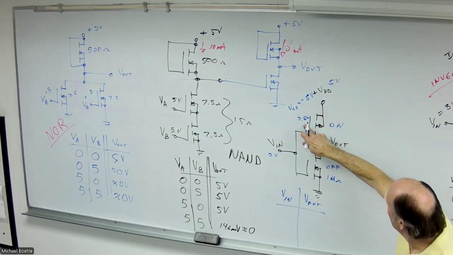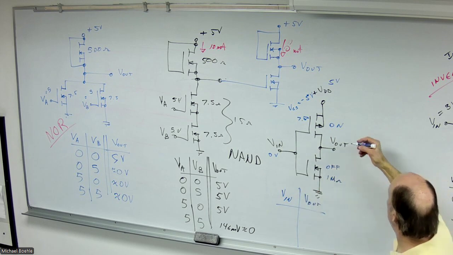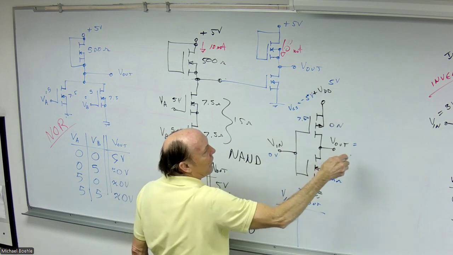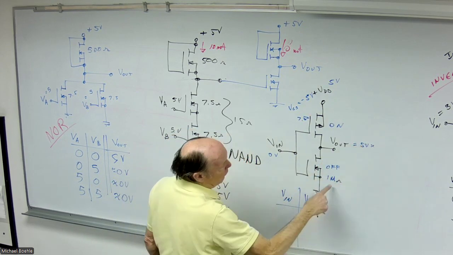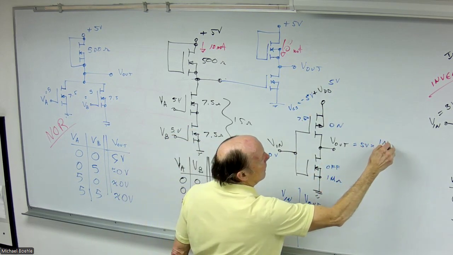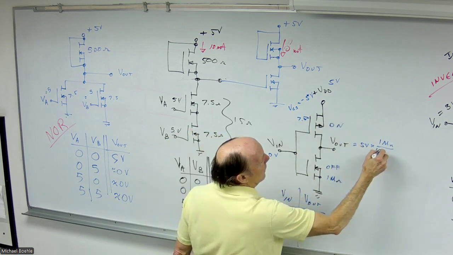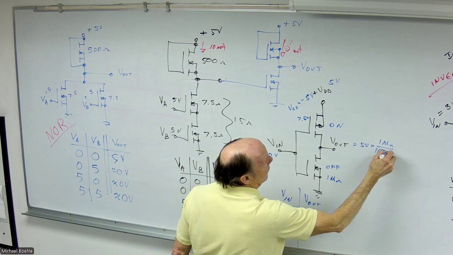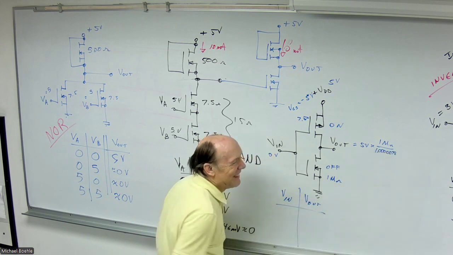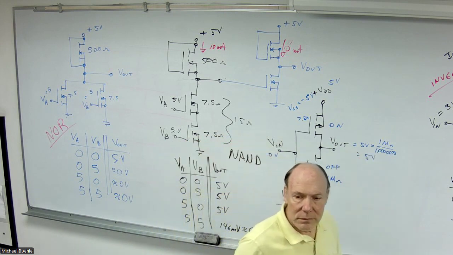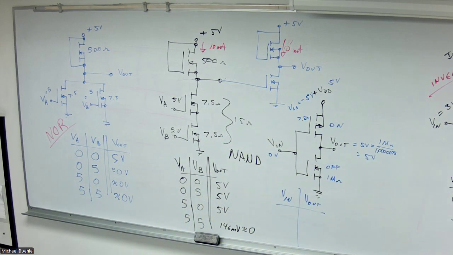So this is a low resistance, this is a high resistance. So if you actually calculate the output voltage here, you're basically going to have 5 volts times 1 mega ohm divided by 1 meg plus 7.5. In other words, we might as well say 5 volts. 4.9999 something.